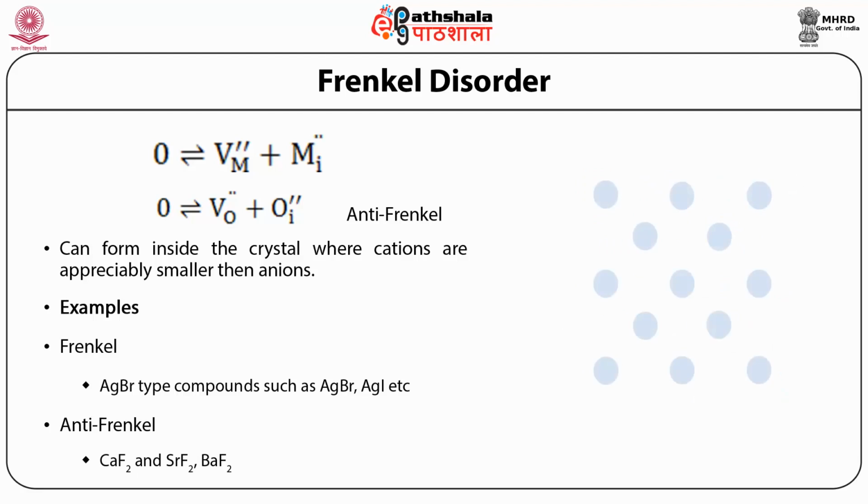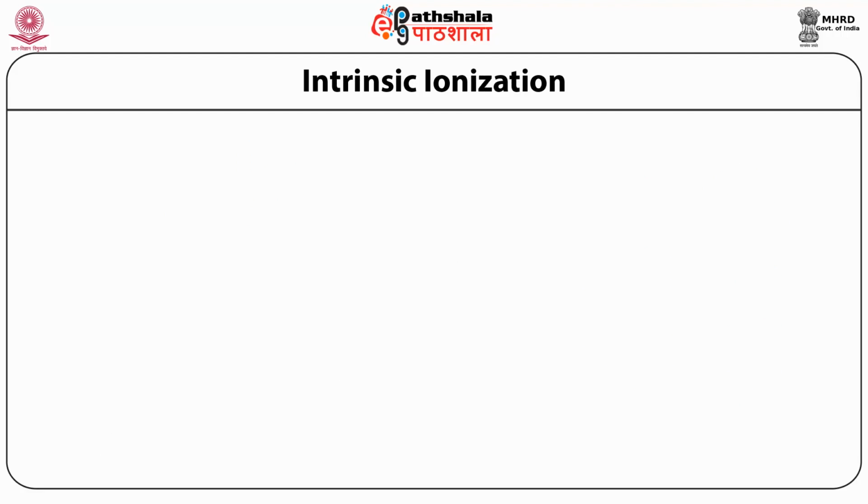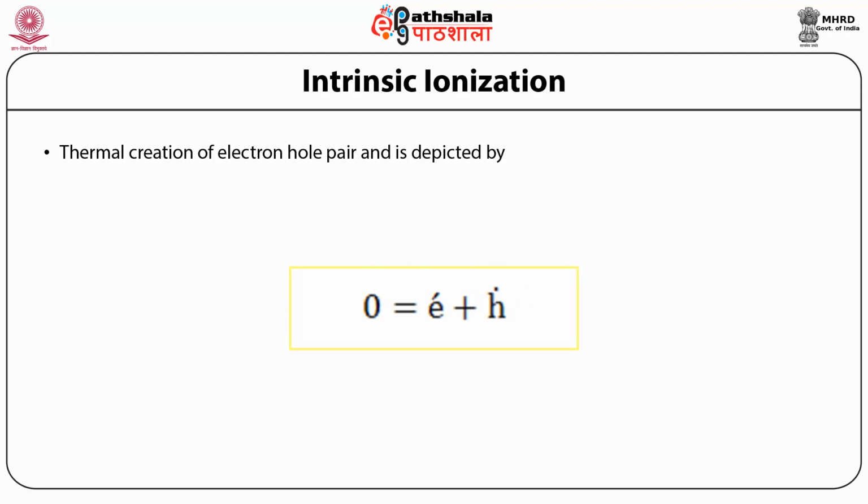The next is intrinsic ionization. The thermal creation of an electron-hole pair is intrinsic ionization, and this can be depicted as null equals electron plus hole.